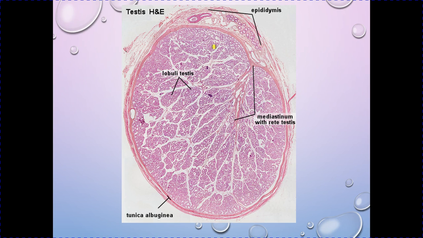This is a microscopic image of the testes, the histological image, in which you can see the connective tissue capsule, thickening of the capsule in the posterior part called mediastinum testis, septa dividing the parenchyma, the lobules containing the seminiferous tubule, and the epithelium having two types of cells, Sertoli cells and the spermatogenic cells.